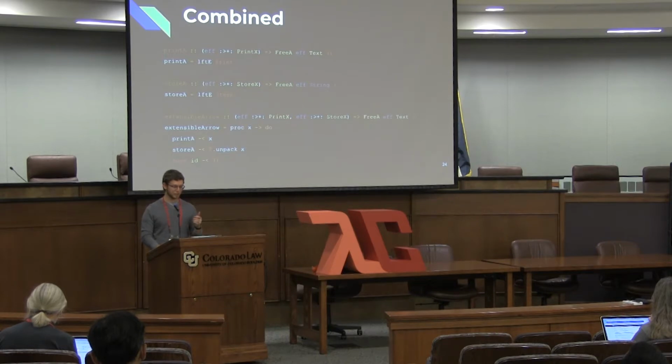And the type of print is a free effect with some polymorphic effect with that constraint that goes from a Text and then just has a unit, kind of a void output at the end of it. And similarly for our store, it's the same kind of thing, but for whatever reason, we work on Strings there and Text when we print things.